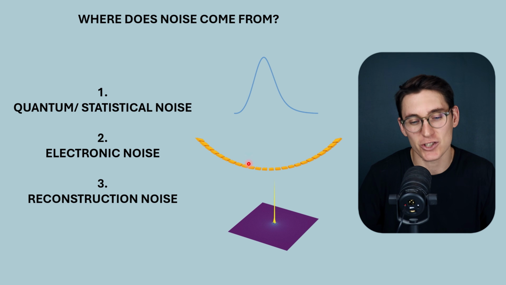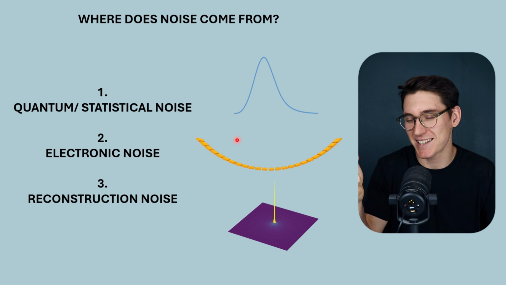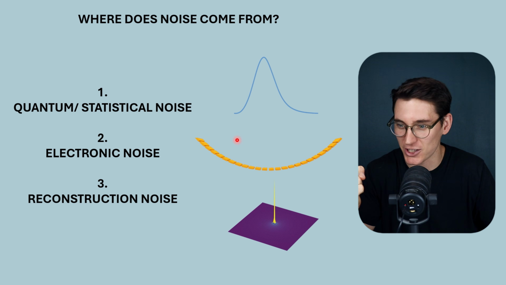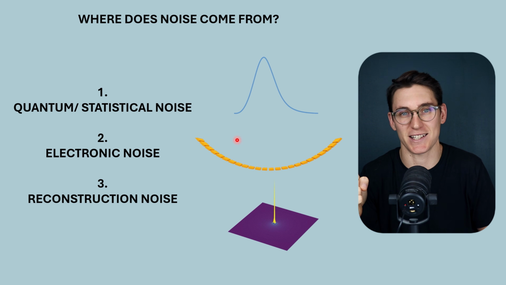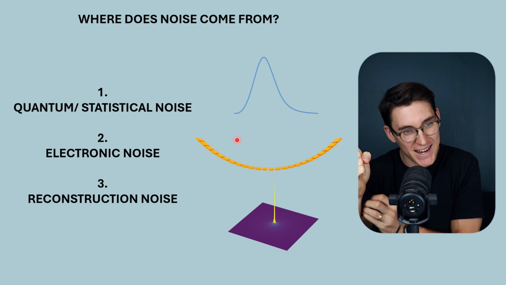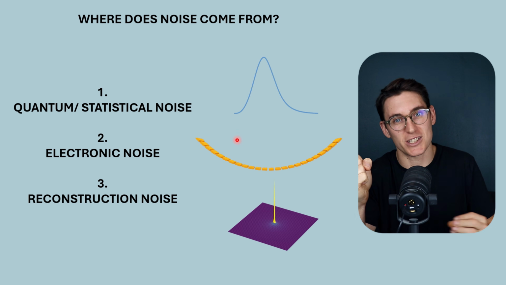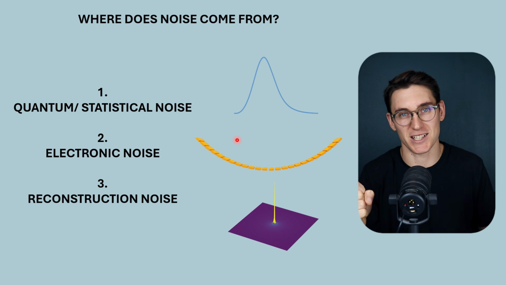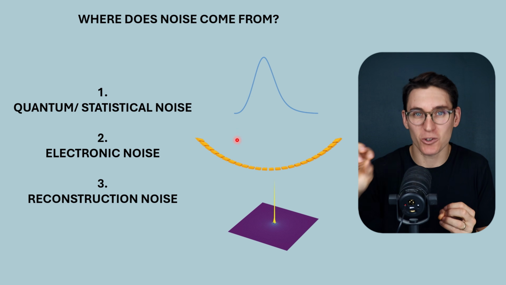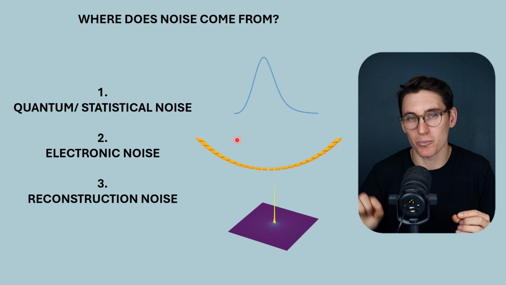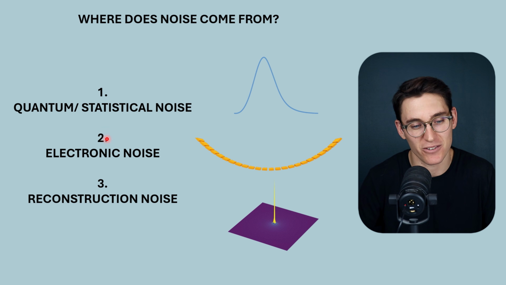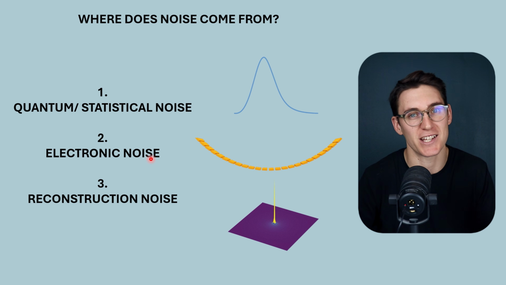Secondly, we can think of electronic noise, our detector's ability to accurately measure X-rays that are landing on the detector, our ability to send those electrical impulses towards our computers for processing. When we amplify the signal, we're going to add some noise.